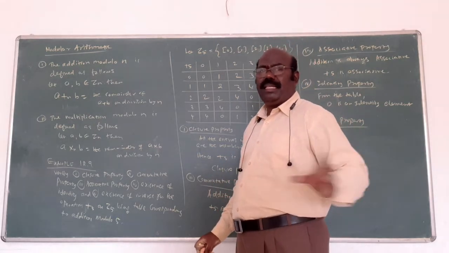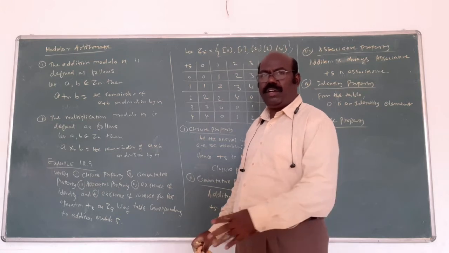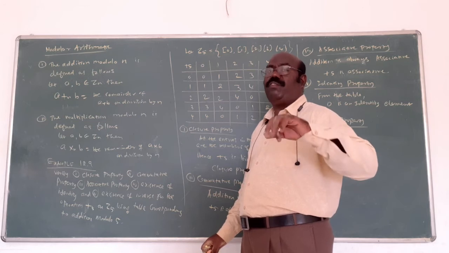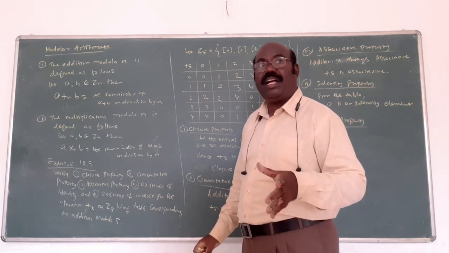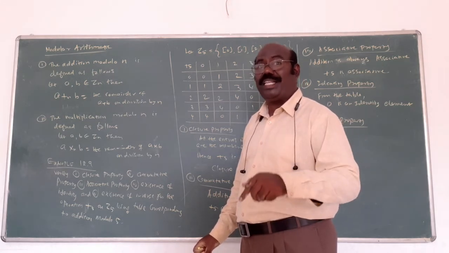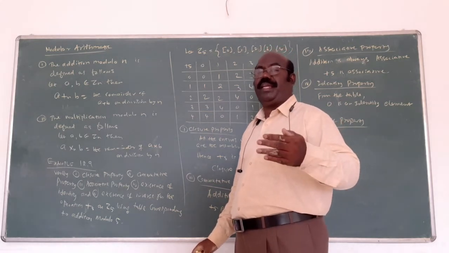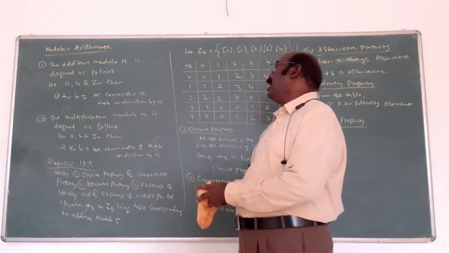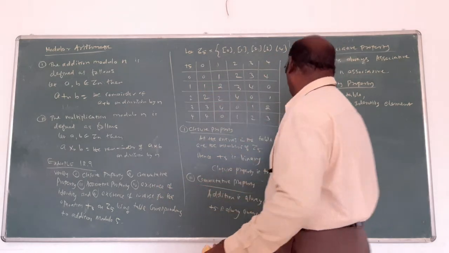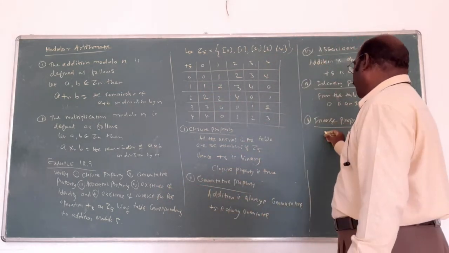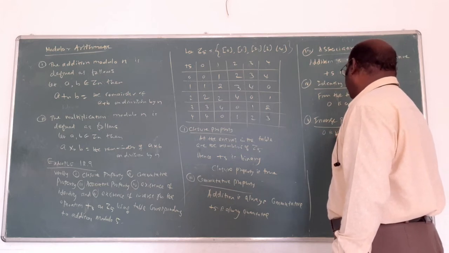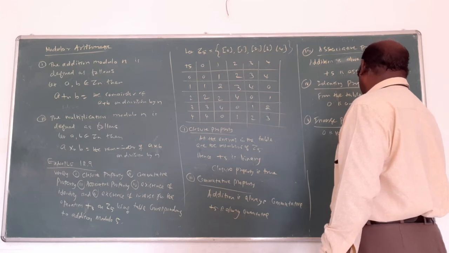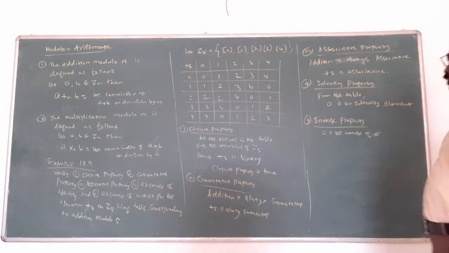With plain addition, 0 would never come, but with addition modulo 5, adding gives 5, and we write only 0, because 5 divided by 5 one time leaves remainder 0. That's why 0 plus 0 is 0, so 0 is the inverse of 0.